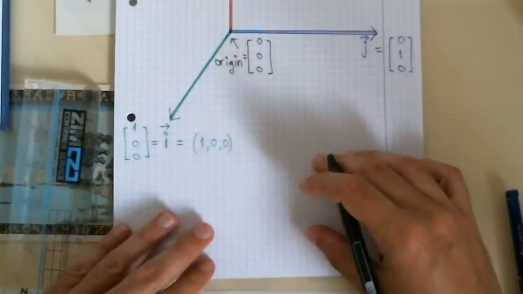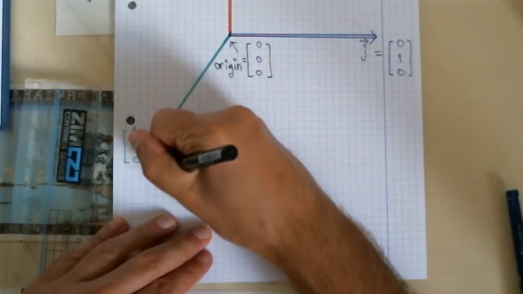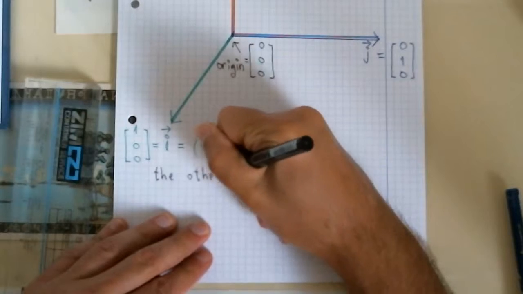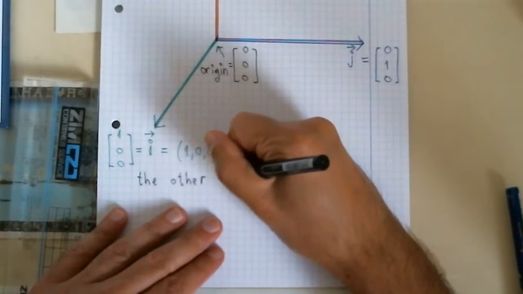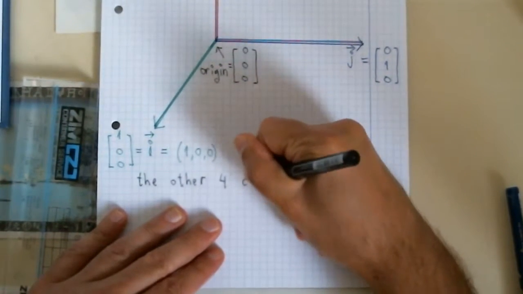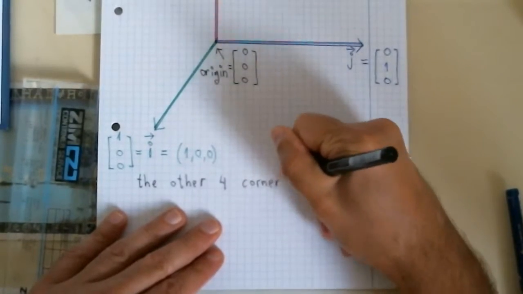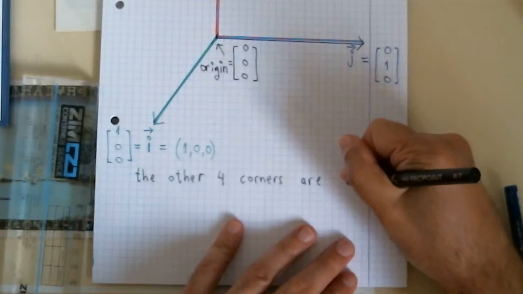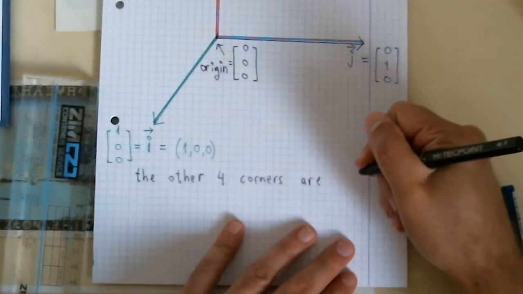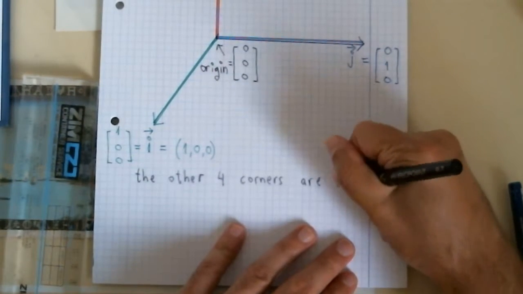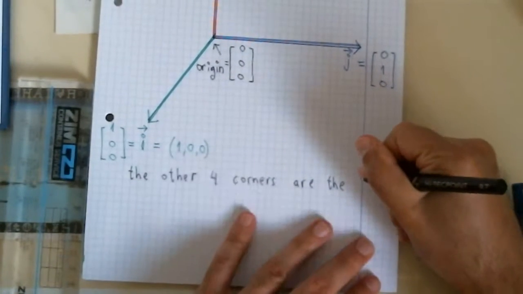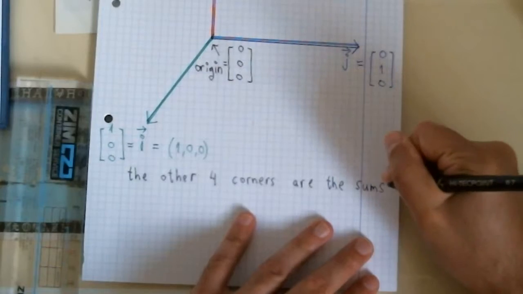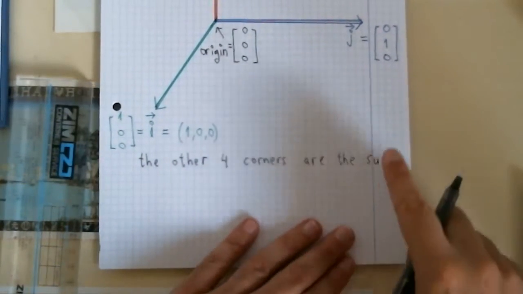The other four corners are the sums. It's like vector sums, the summations.